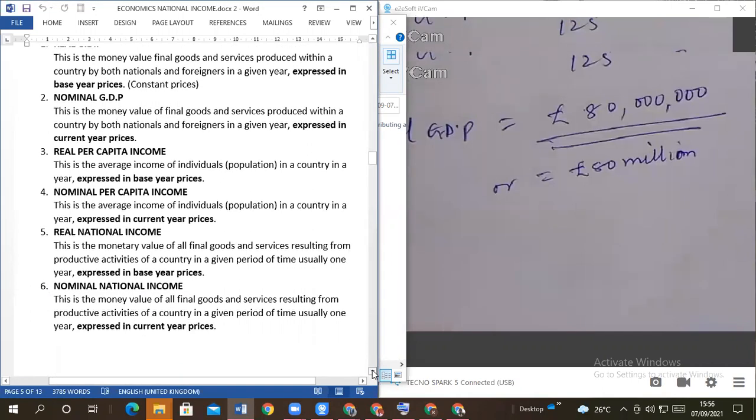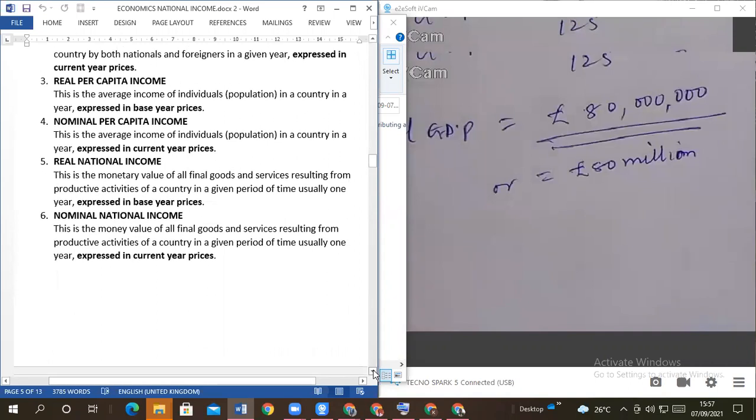The next is real national income. What does it mean? This is the monetary value of all final goods and services resulting from productive activities of a country in a given period of time, usually 1 year, expressed in base year prices.